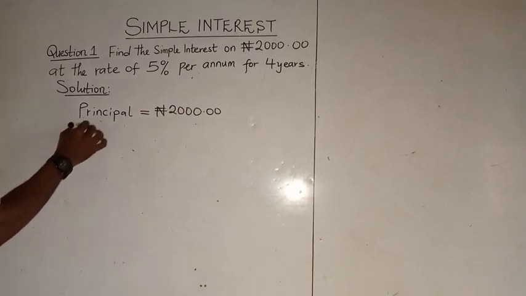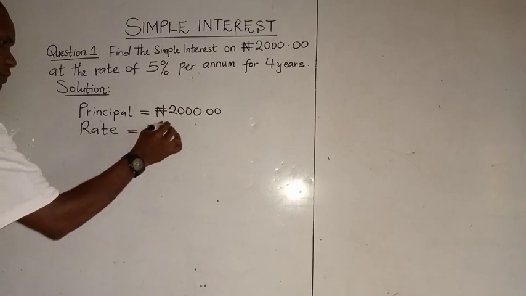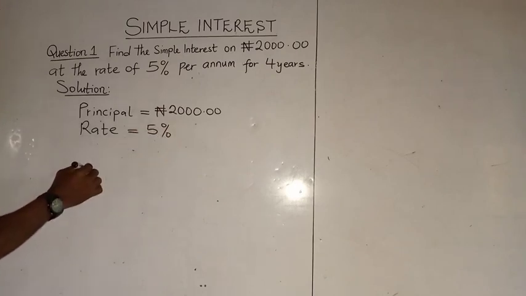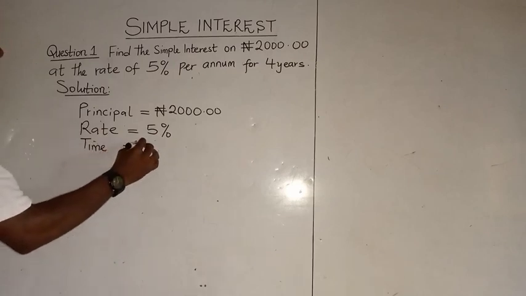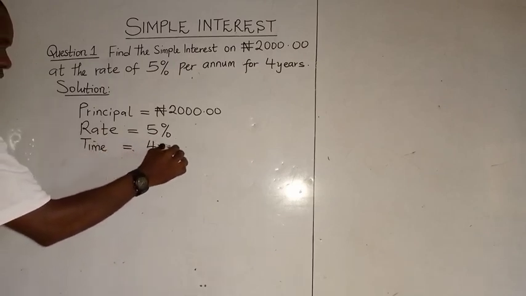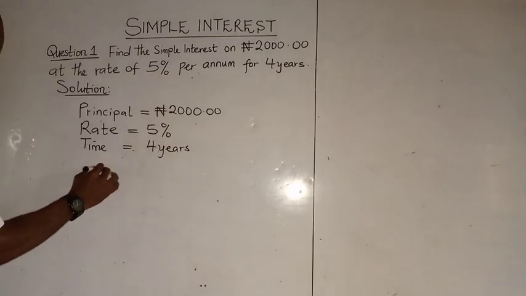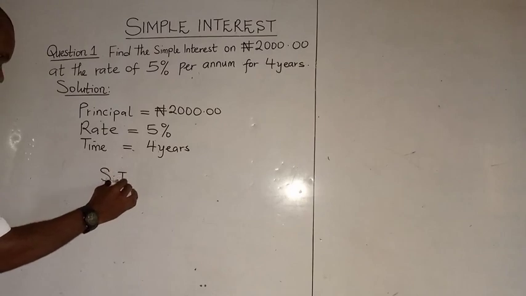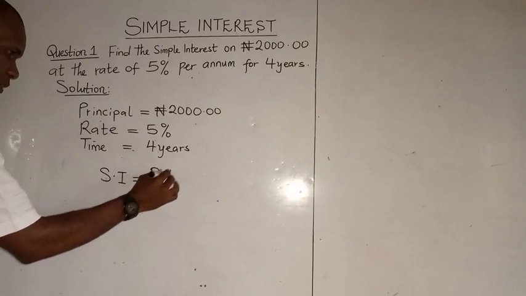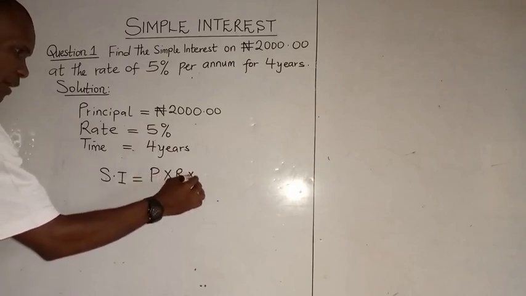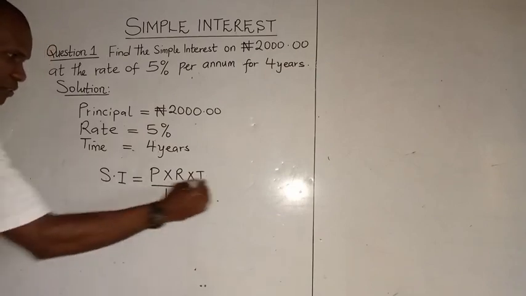We also have our rate to be 5% and our time to be 4 years. All we need to do is write the formula for simple interest, which is equal to the principal multiplied by the rate multiplied by the time, all over 100.